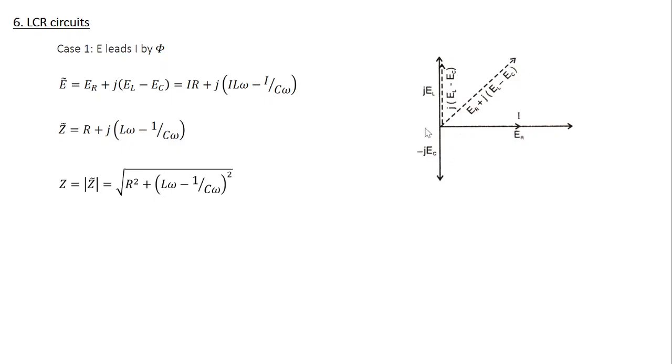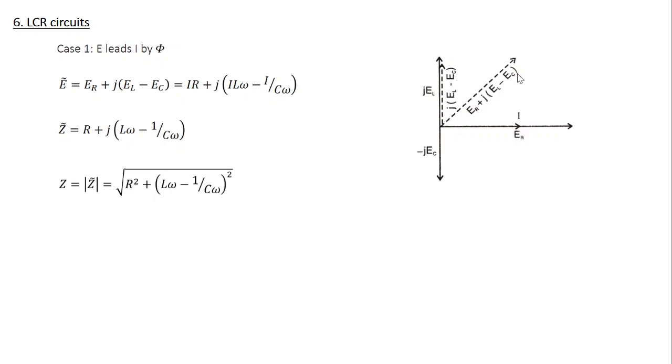So first let's take the vector sum of these two. Since EL is greater than EC, the resultant of these two is going to be a smaller vector in the upward direction. So the resultant is J into (EL minus EC). Now we have two components, one is ER, one is J into (EL minus EC).